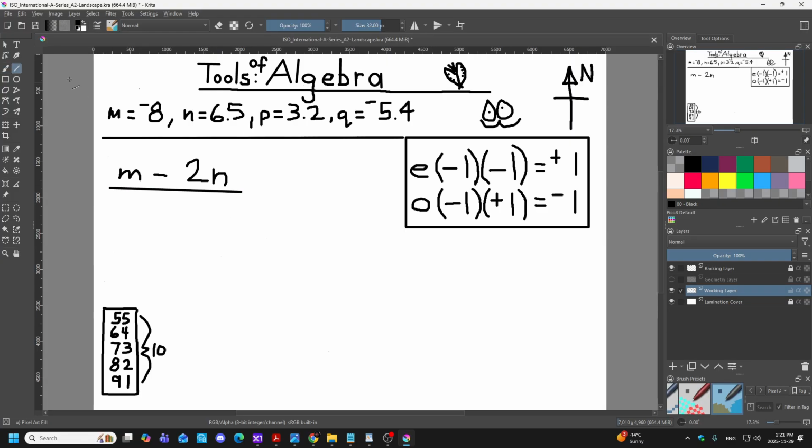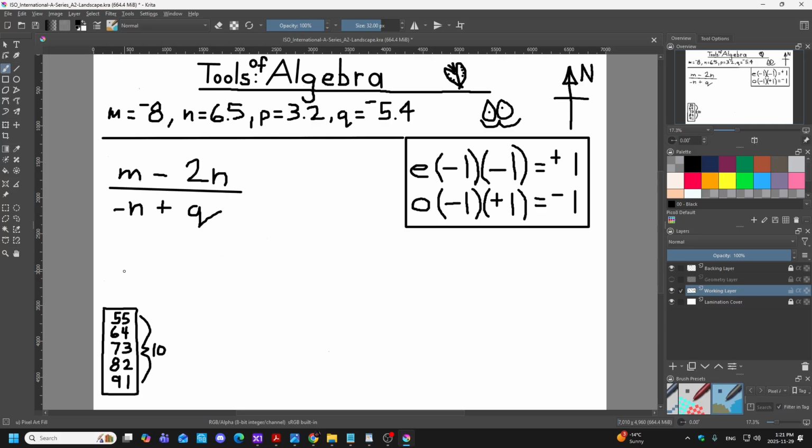That is all divided by a negative n plus q. Okay? M subtract 2 times n, all divided by negative n plus q.